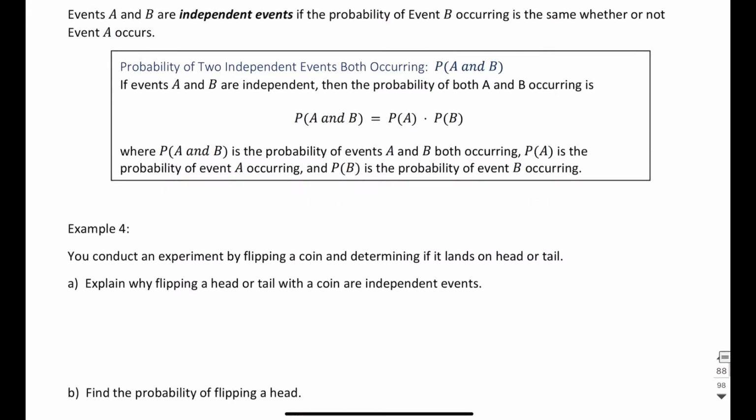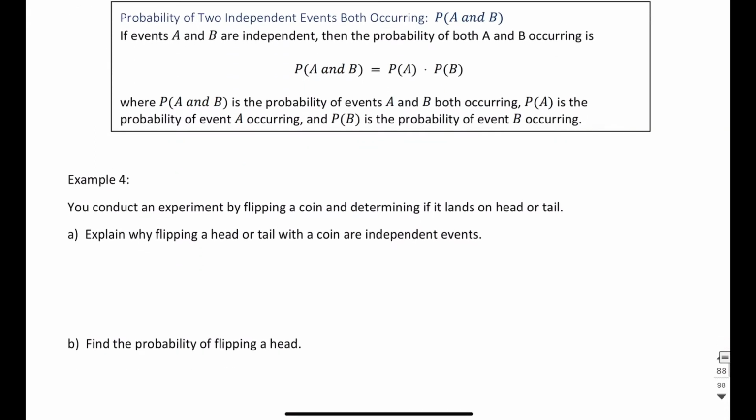Okay, so let's take a look at an example of an event that is independent. We are conducting an experiment by flipping a coin and determining if it lands on heads or tails. So we want to determine why flipping a head or a tail with a coin are independent events.